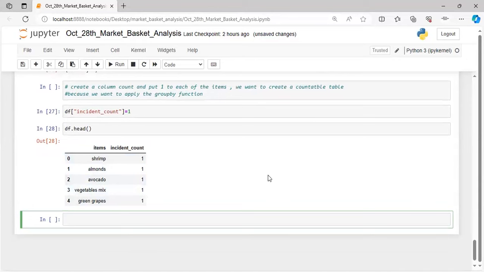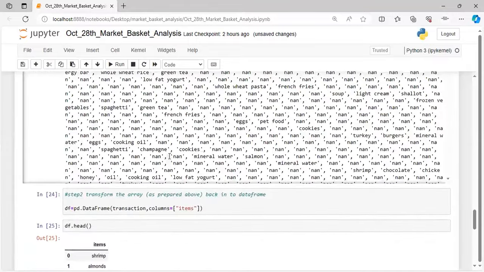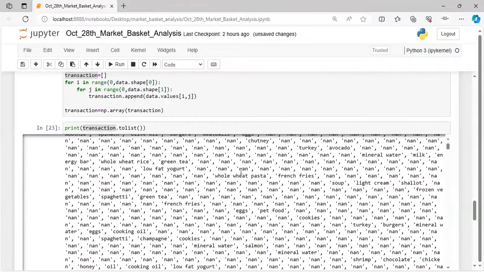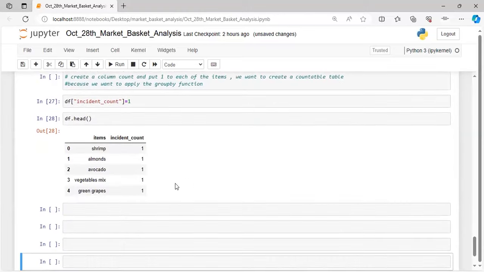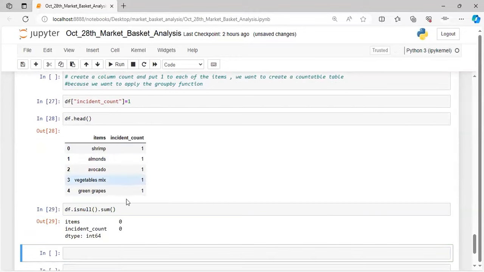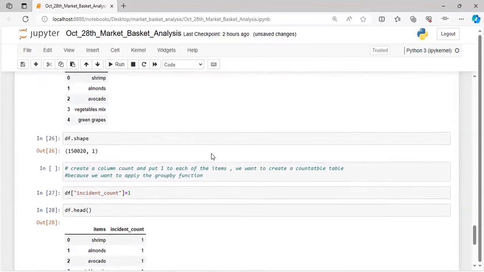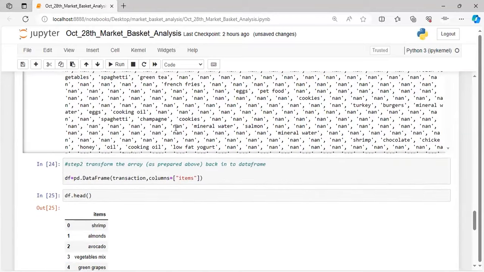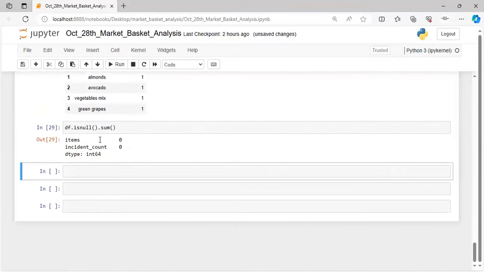Now just handle the missing values, because there are lots of missing values in our data set. But it will not be found just by passing. Look, NaN is everywhere, but it will not consider NaN as a missing value. If you see df.isnull().sum(), it's 0. The reason being, these are all considered as strings, and None is also considered as a string. It understands that some kind of items are there. That's why it is not showing.